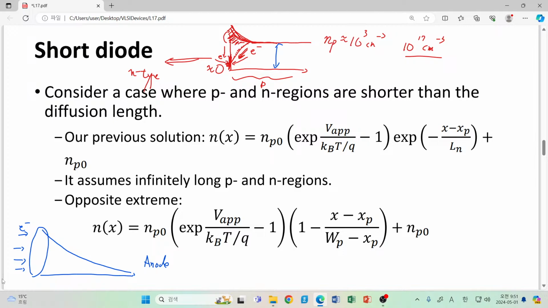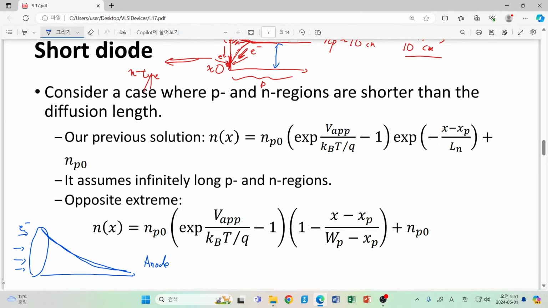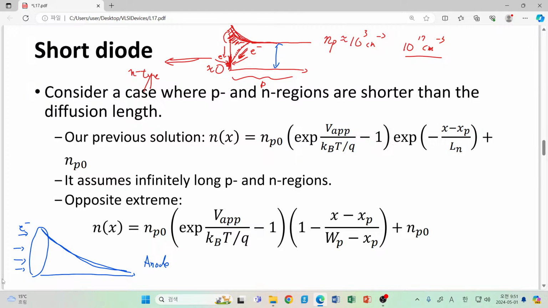However, if we have quite a short p-type region length, then no exponential function is allowed, because before taking full recombination, our electrons just arrive at this anode. This is the starting point, and that is the ending point, the finish line.